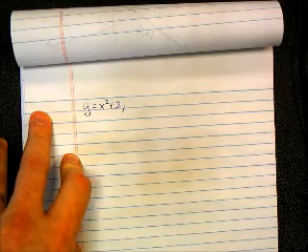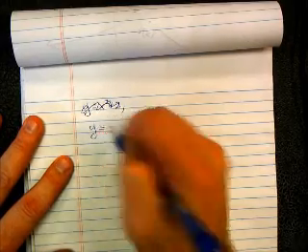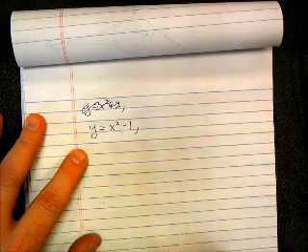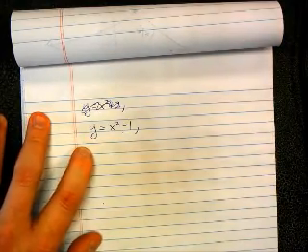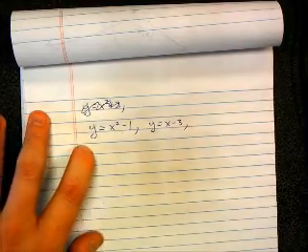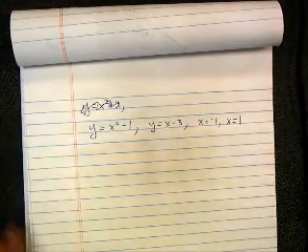Oops, I copied it down. I'm sorry. I started copying half of one problem and half of another. y equals, let's go with x squared minus 1. y equals x minus 3. And then it gives us x equals negative 1, x equals 1.